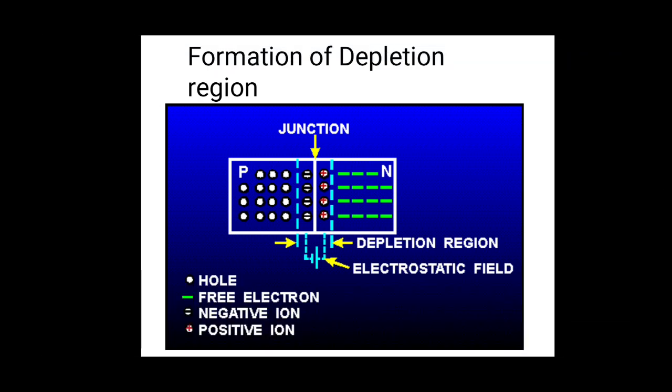These are the holes. They are also diffusing into the n-type, and they are leaving negative immobile ions near here. And this is the boundary at the junction that gets charged with positive and negative ions, and thus the depletion layer region is formed.